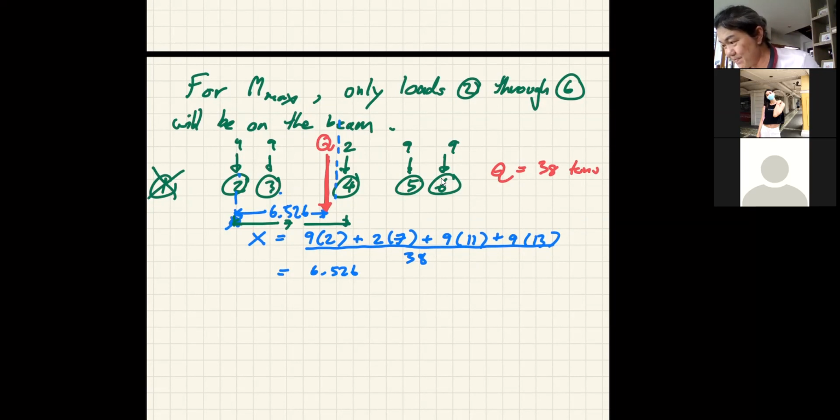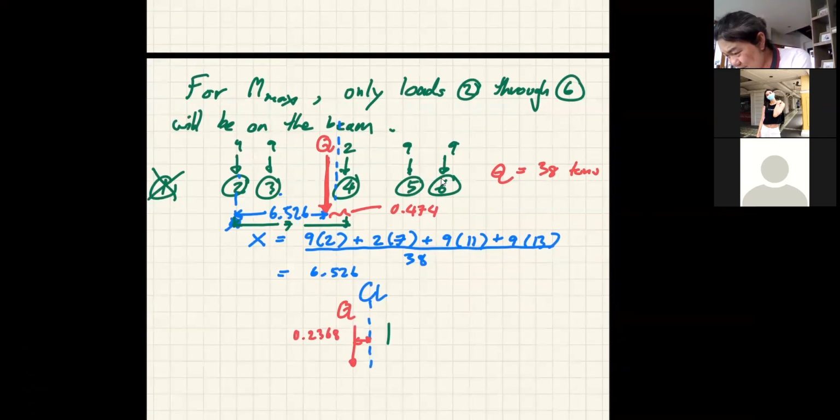So that gap is 0.474. So that means the distance from the center line of the beam to the Q is only half of that, which is 0.2368 if you're crazy about numbers.